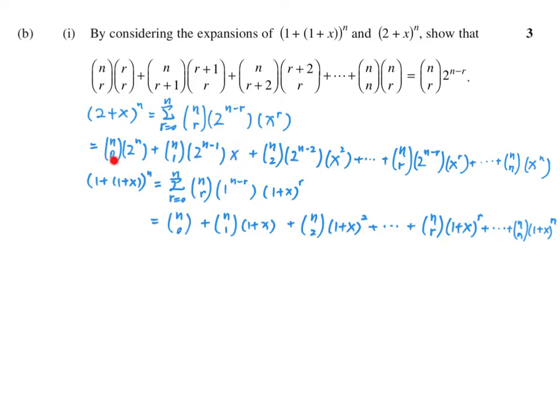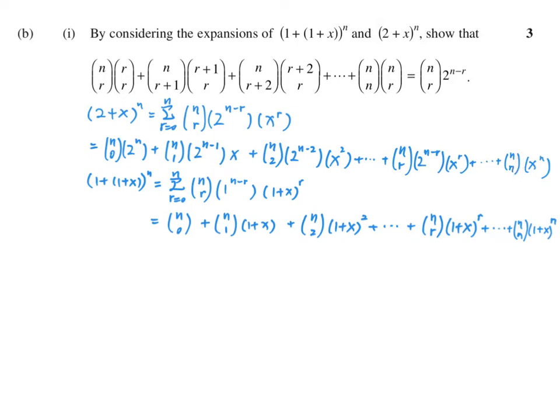So the coefficients start from nC0, nC1, nC2, next one should be nC3, nC4, 5, 6, 7, all the way to n. The power of 2 is decreasing from n, n minus 1, n minus 2, n minus r, and all the way up to n minus n, which becomes 2 to the power 0, which is 1.